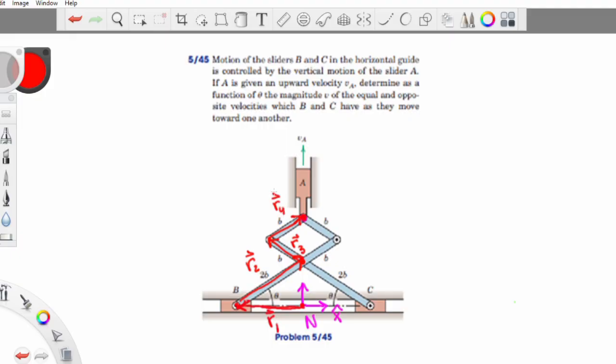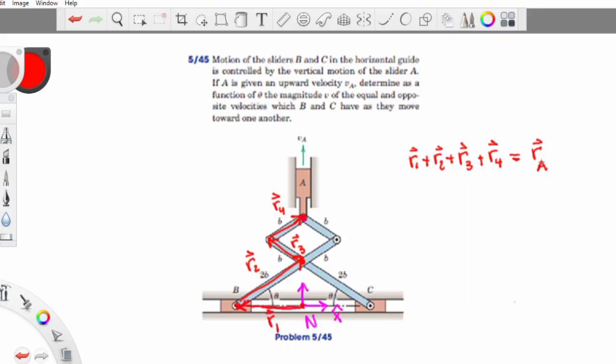That vector has a magnitude of b, and the direction is also related to theta. If we add R1 plus R2 plus R3 plus R4, we are able to go from the origin O to our point of interest A. So this vector is describing the motion of A, and I will call that vector RA.